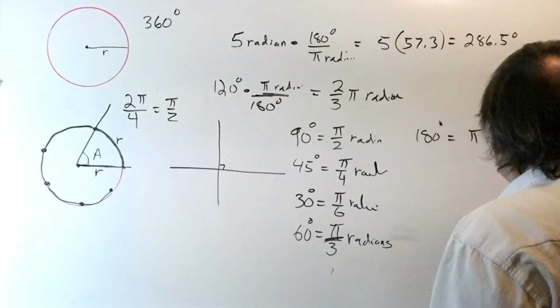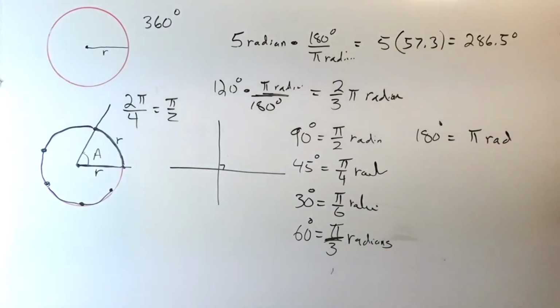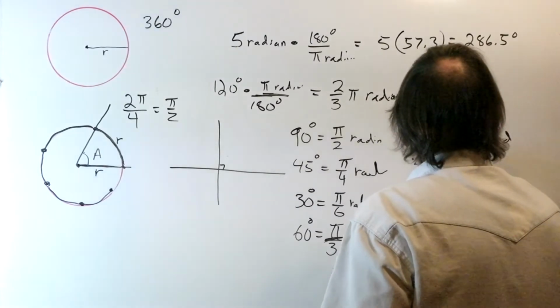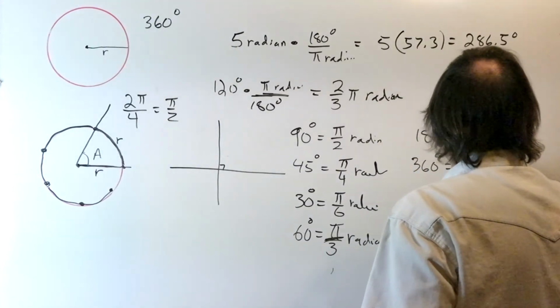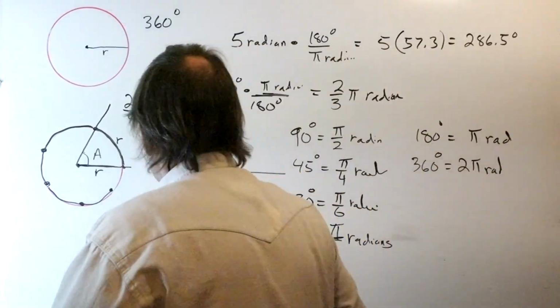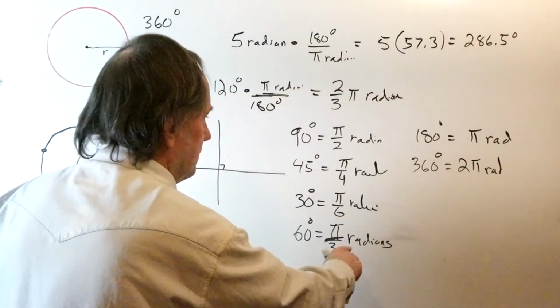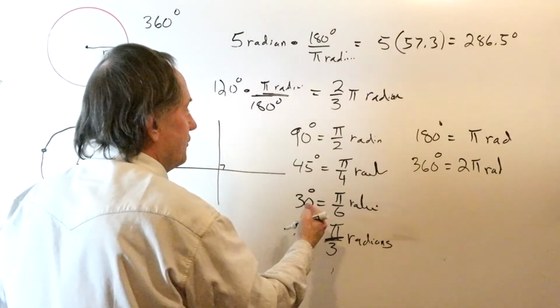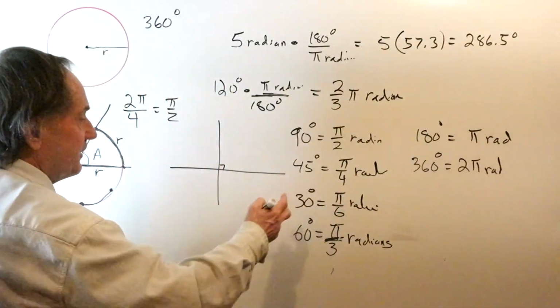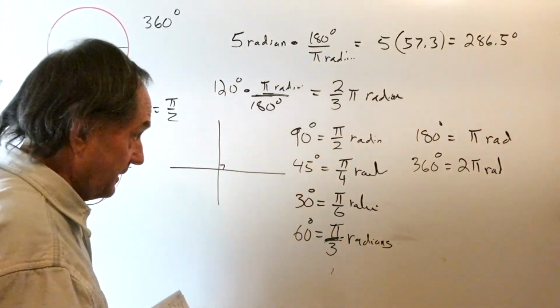A lot of times I just use RAD, I abbreviate radians. And 360 degrees is 2 pi radians. So these are the special angles that you should know between degrees and radians. 90 is pi over 2 radians, 45 is pi over 4, 60 is pi over 3, 30 is pi over 6, and so on.